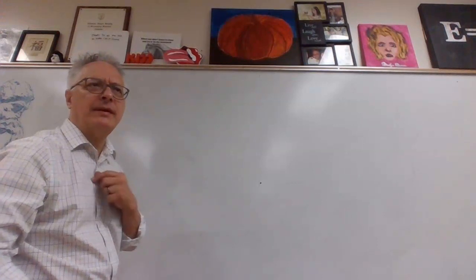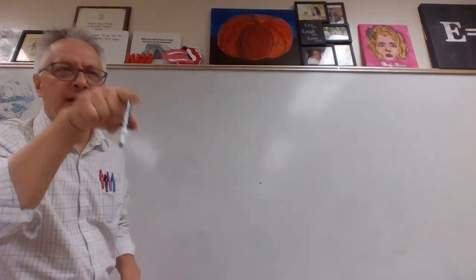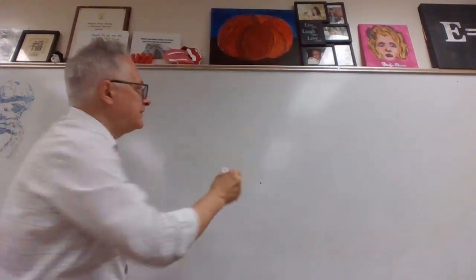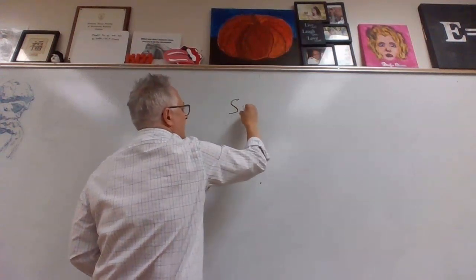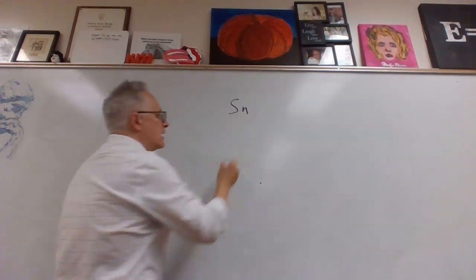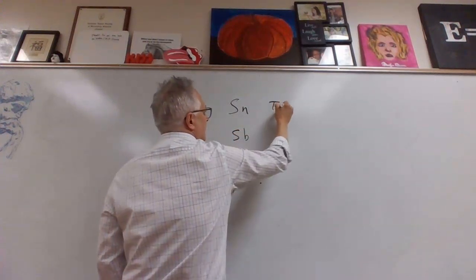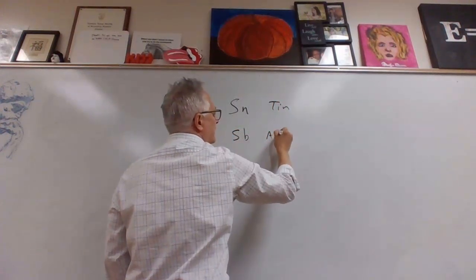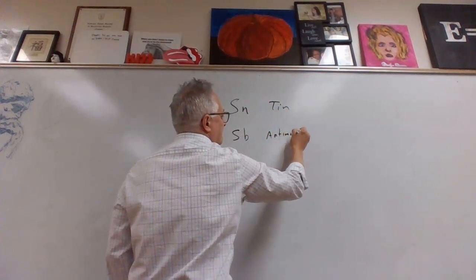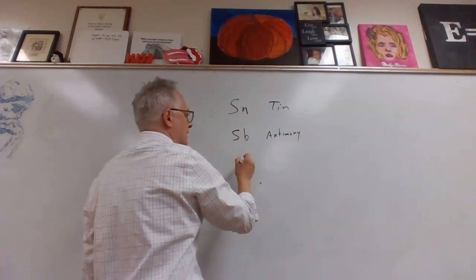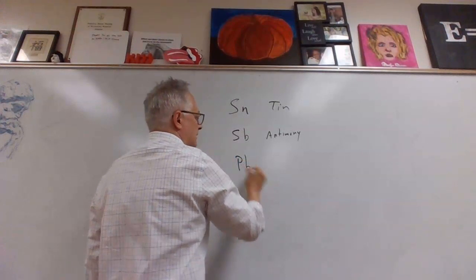There are 3 metals that you have to know, and you can take your periodic table and circle these. Number 50, Sn, tin. Number 51, this is antimony. And this is lead.